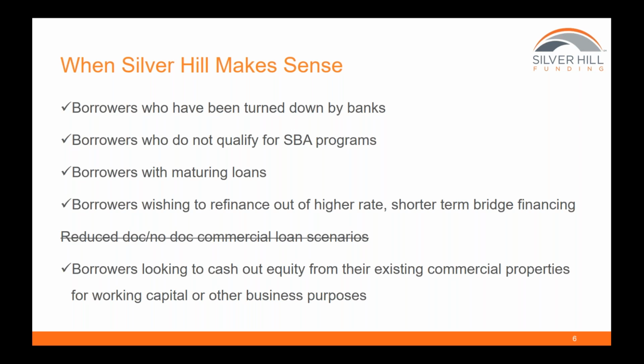Or if they financed under a bridge, they want to get out of that 10%, 12% rate and into a longer, more stabilized loan product that's long term, that's 5 years or even our 30-year fixed. So these 2 checkpoints in the middle are what we see the most of. Okay, my loan is maturing with a bank or with a lender and I need to refi, or I want to get out of a higher rate bridge loan.